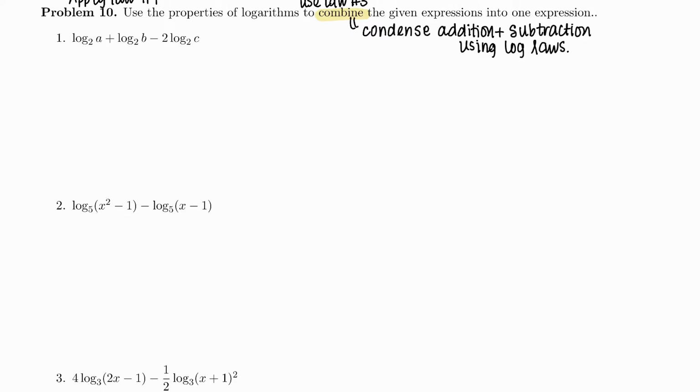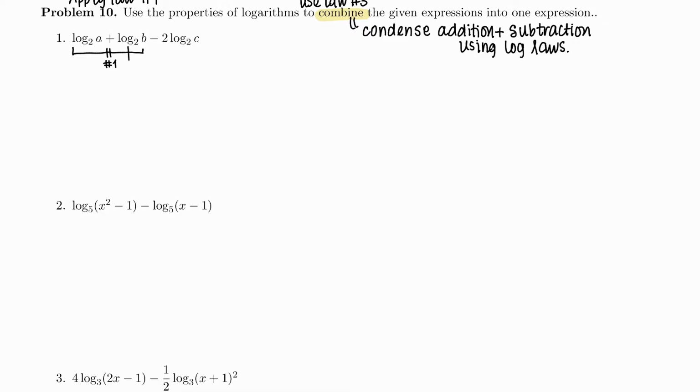Okay, so for part 1, we're given log base 2 of a plus log base 2 of b minus 2 times log base 2 of c. A question you might be asking here is, what do I do first? Do I use rule number 1 to rewrite the first part?